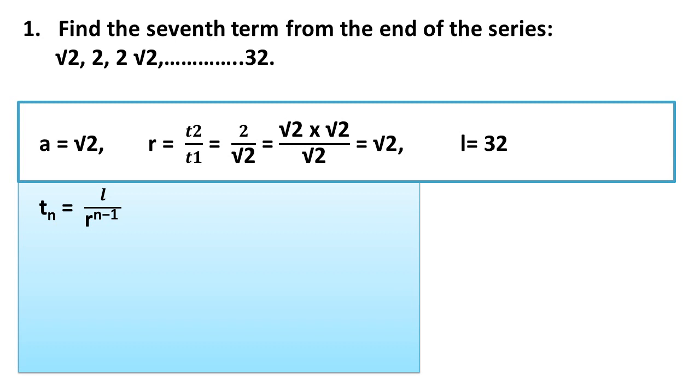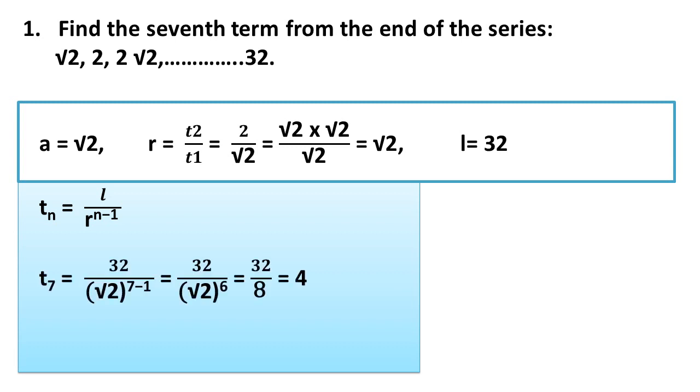L denotes the last term, r denotes the common ratio, n is the number of the term which we need to find from the end. That is T7 is equal to 32 by root 2 to the power of 7 minus 1. It results as 32 by 8. Hence the seventh term from the end of the series is equal to 4.